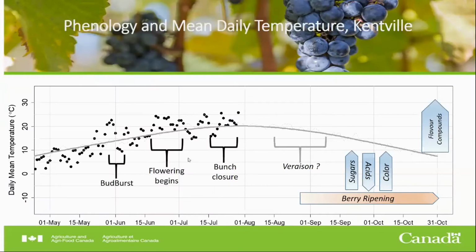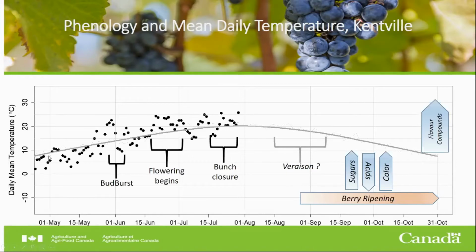And so I want to end with this slide, talk a little bit about where we've been and really where I hope we're heading. So if you read textbooks on viticulture, there's a classic graph that looks a little bit like this, where they model out the amount of heat for the whole growing season.